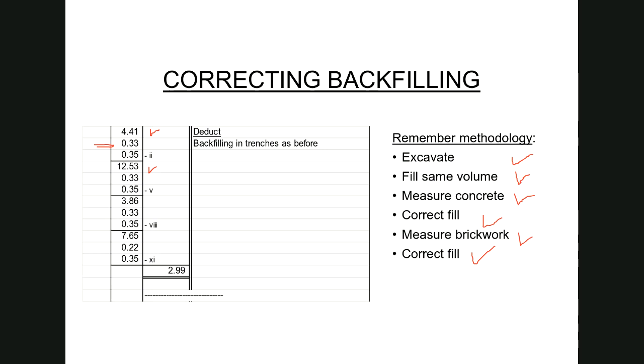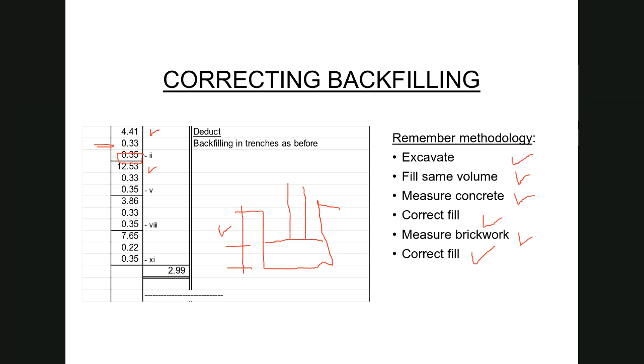But now I just want to comment on the 0.35. If I can just draw a quick little sketch over here. So our excavation has been over here. And on the detail, this is where the 0.35 is. So we cannot deduct anything more than from the top of the natural ground.